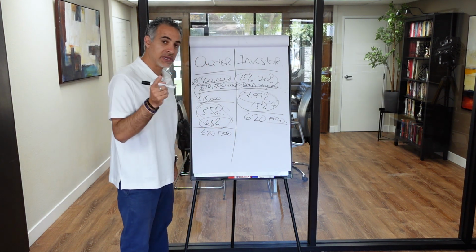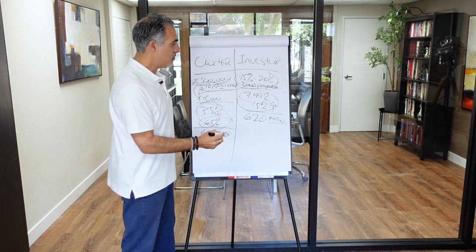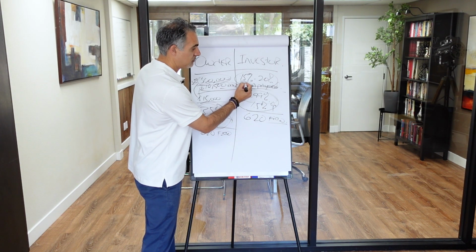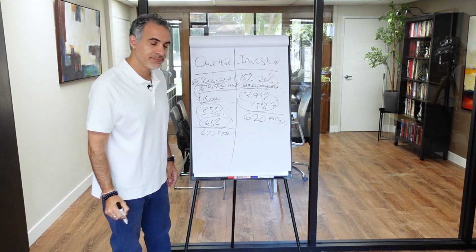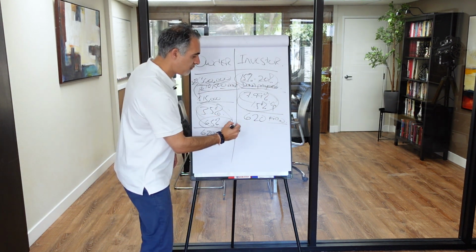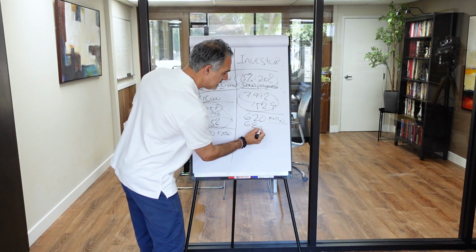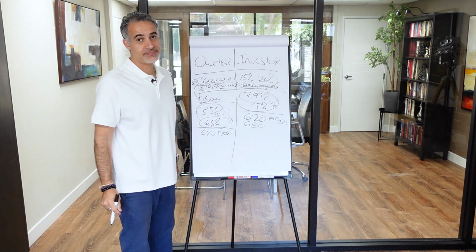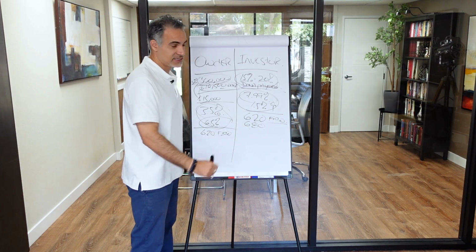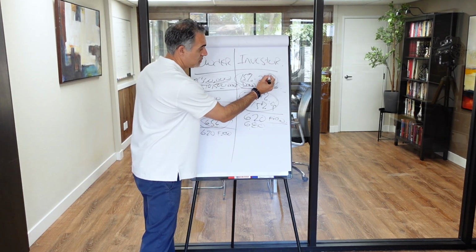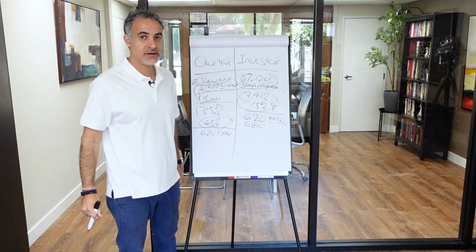Now, something that you wanna keep in mind, which is important, remember how I said down payment 15 to 20%? It's 15% if you have a 680 FICO score. If you have less than a 680 FICO score, then you're at 20%. All right?